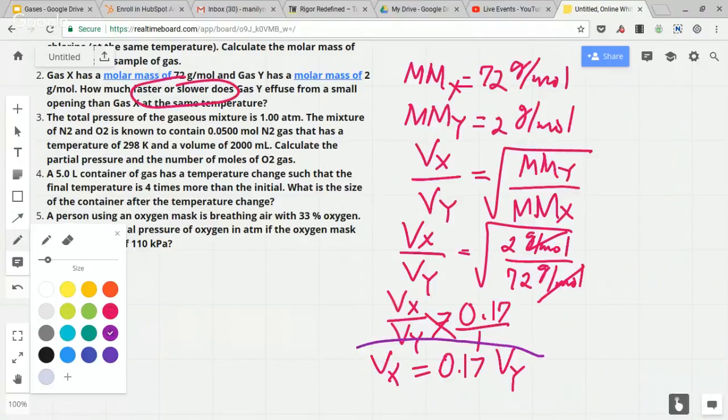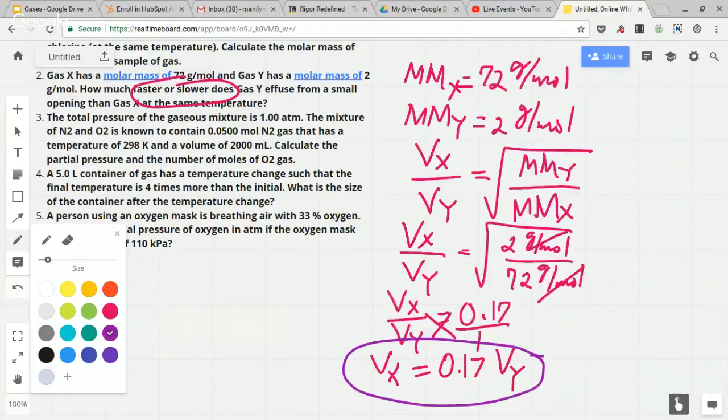Okay, what does this mean? It means that gas X effuses 0.17 times that of gas Y. The rate is less than 1. That means we expect X to be heavier than gas Y, which is correct in the given.